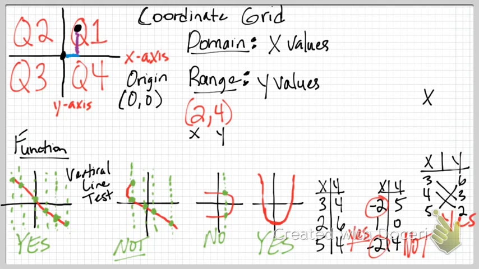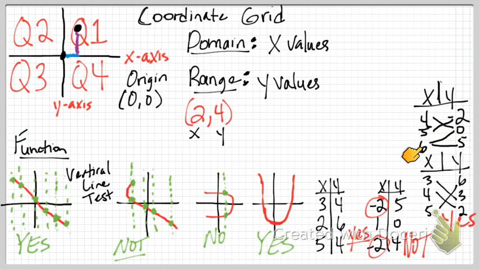Now let me show you one that does not. For this one up top, I know my drawing is a little bit sketchy, but notice that my 6 has 2 arrows pointing away from it.